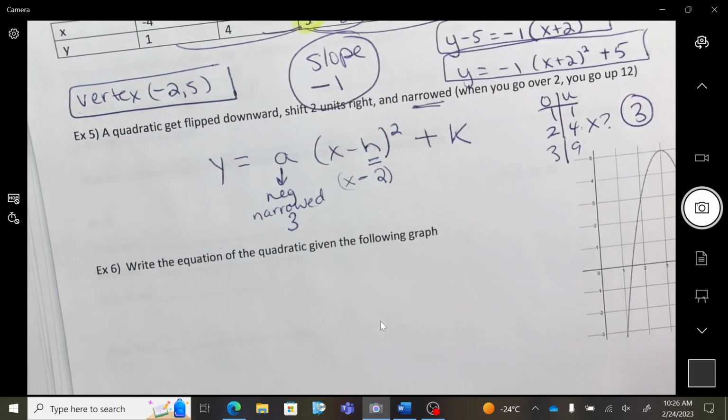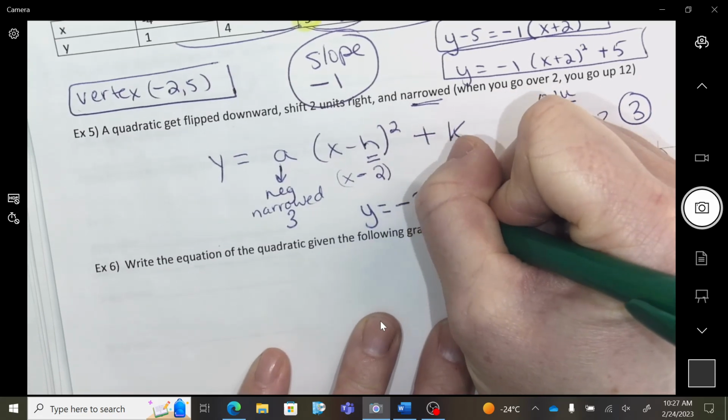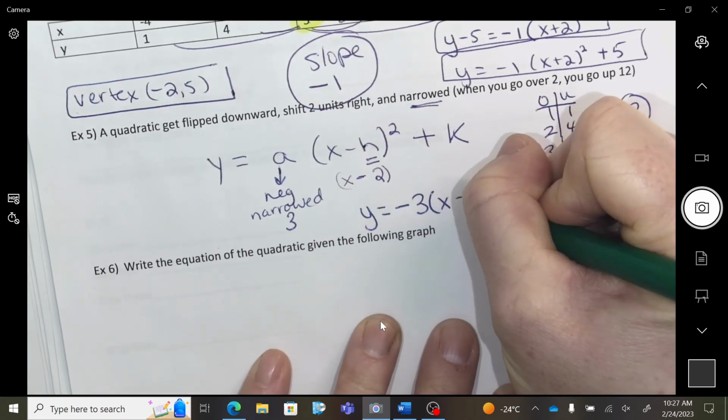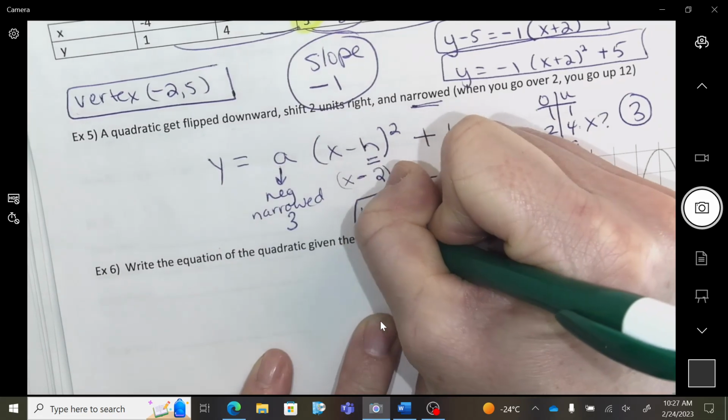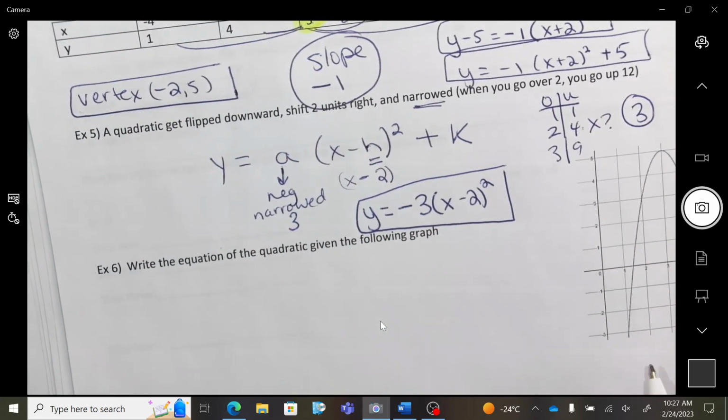Okay, so I need to write y equals negative 3 (x minus 2) squared. And that's it. There is no k value, which means the location of my vertex would be what?